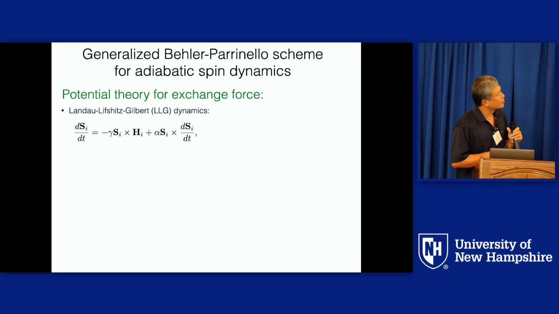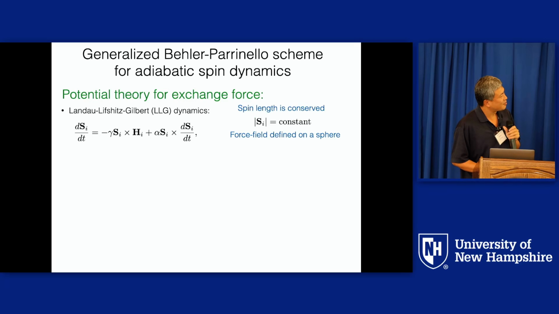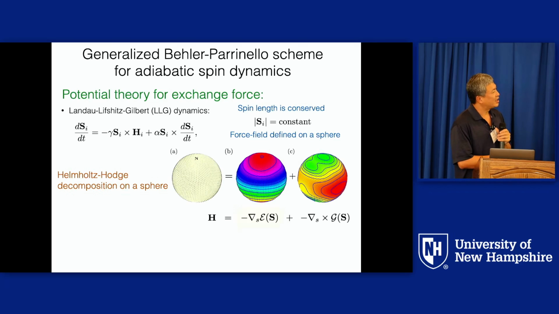To generalize this Behler-Parrinello structure, we noticed that in Landau-Lifshitz dynamics, the spin length is fixed. So you can think of this like particles confined to the surface of a sphere. Then we apply the Helmholtz-Hodge decomposition on the sphere. You get a gradient term and a curl term on the sphere.